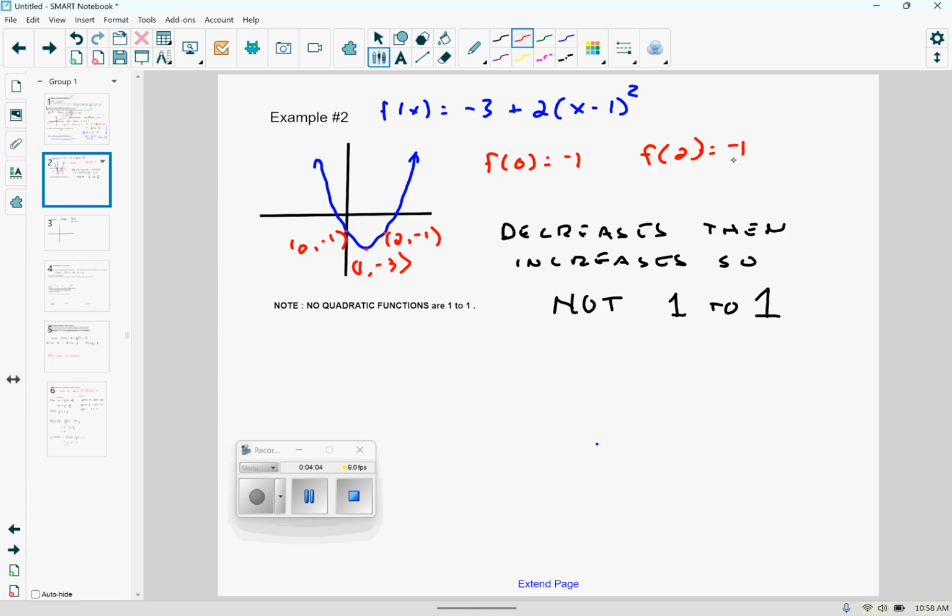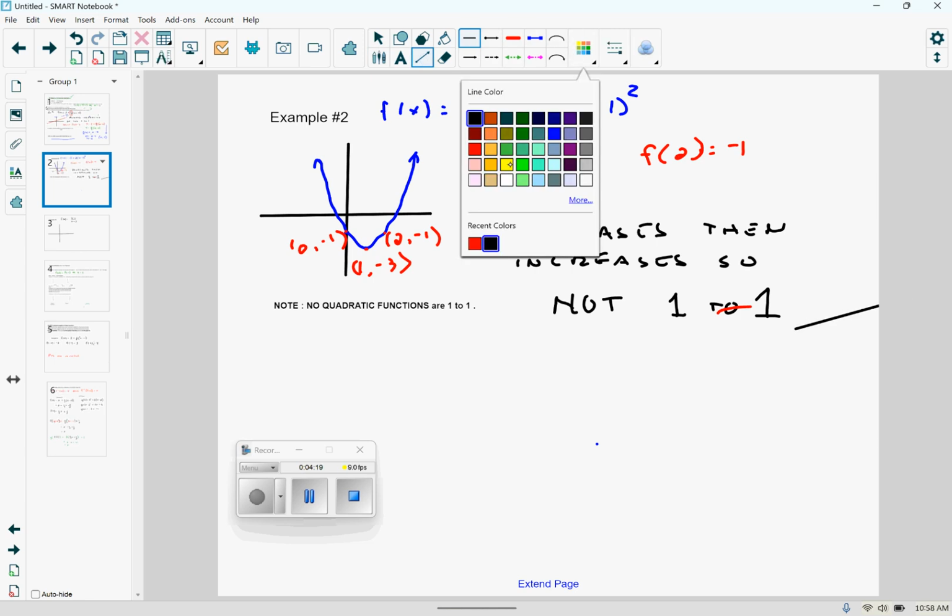The other way that we can determine right away that it's not a one-to-one function is because this thing decreases, then increases. And if we take a horizontal line here, let me do a yellow one, and move this other one out of the way.